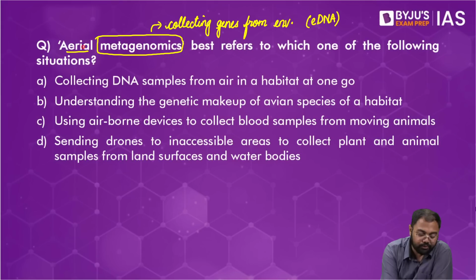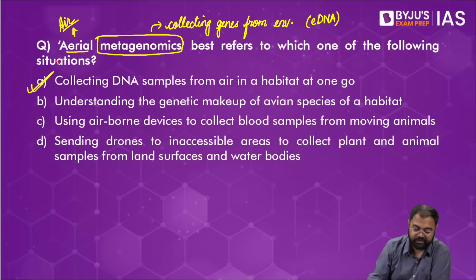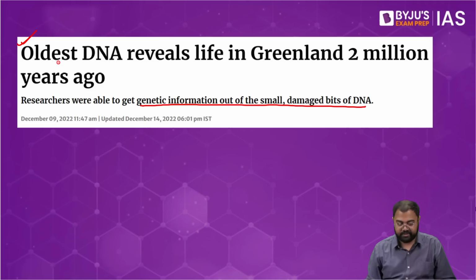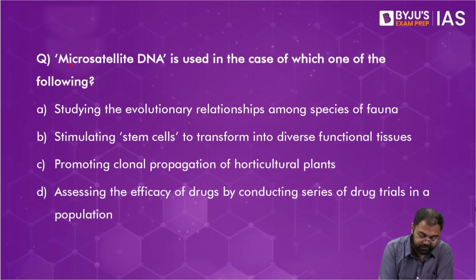Now aerial is related to air, right? So the first option that you have here, collecting DNA samples from air of a habitat at one go, is where they would have asked this question from. Context wise, I could say this is a weak link to why they would have asked this question.